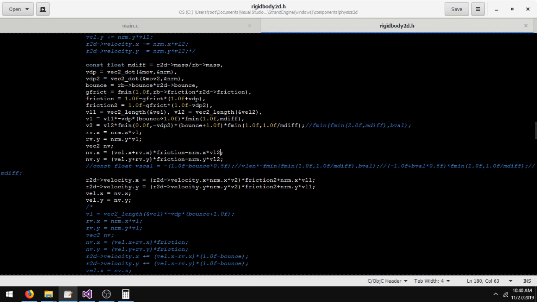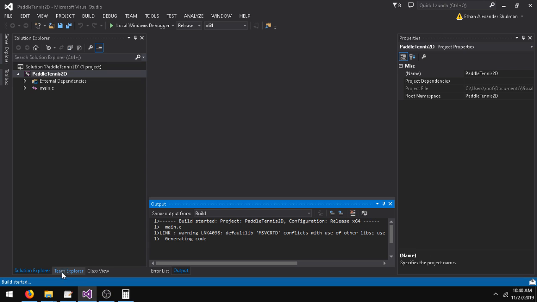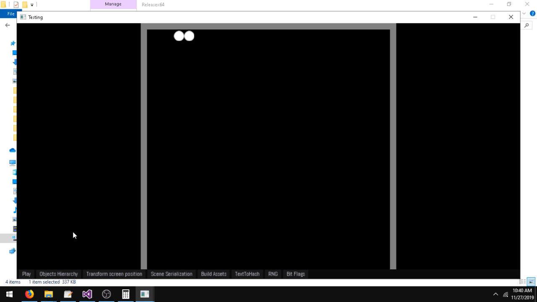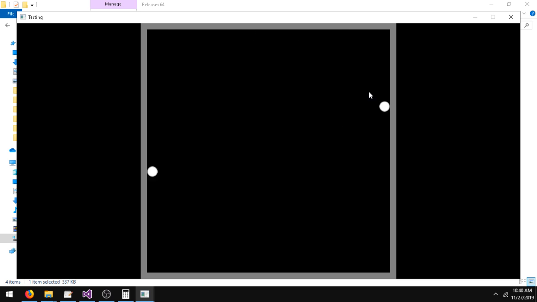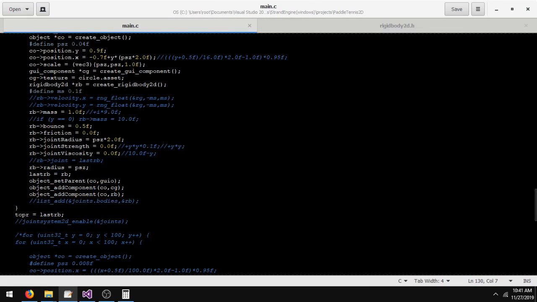Alright, now I think I also need to scale this by like the inverse dot product, but I'm gonna test it like this first to see what it does. Wait, what the fuck? I didn't connect them again as joints, did I?